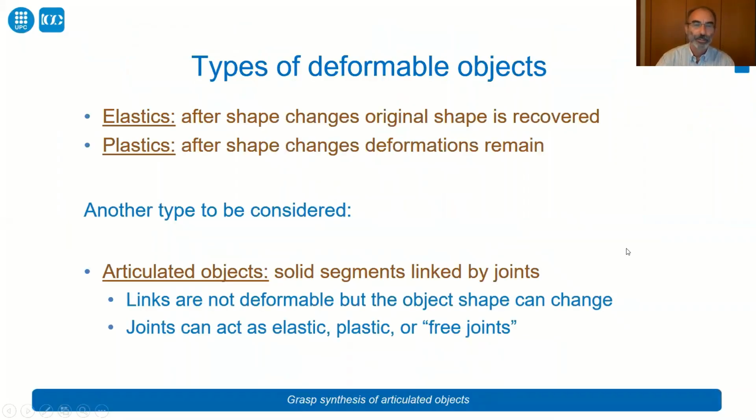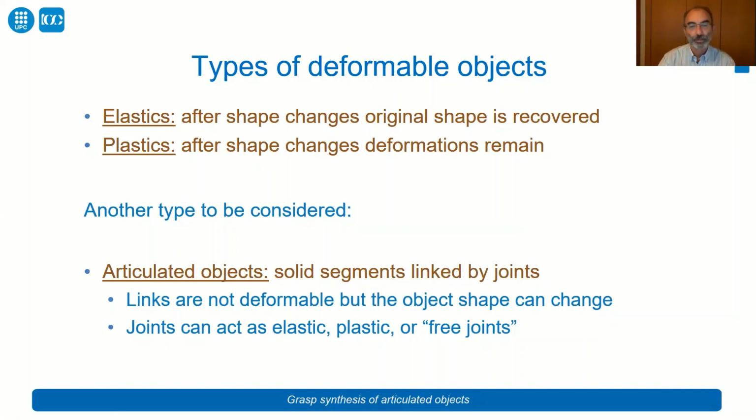Let me start talking about the two typical types of deformable objects. These are elastic and plastic ones, depending on whether the object can recover the original shape after deformation. We will deal with a different type of deformable objects, which are the articulated objects.